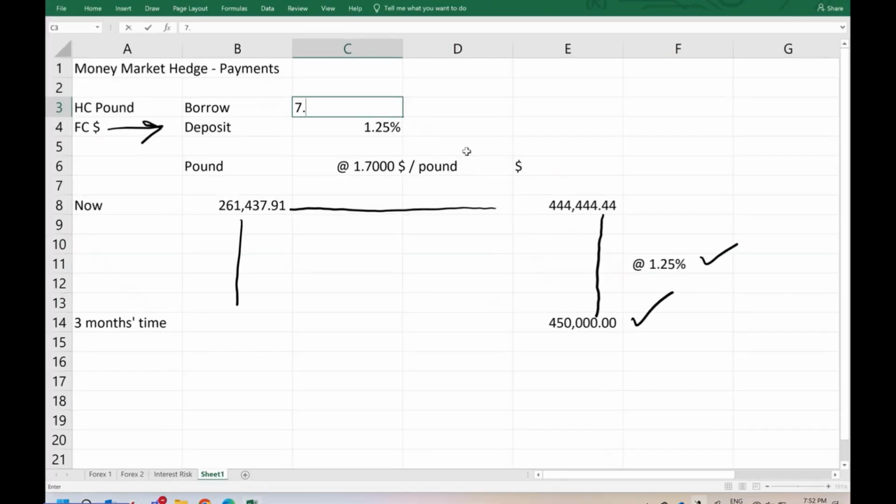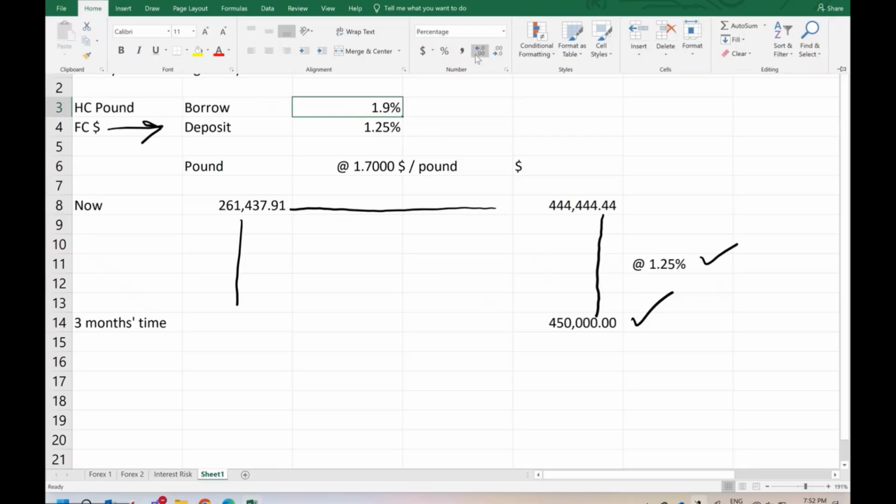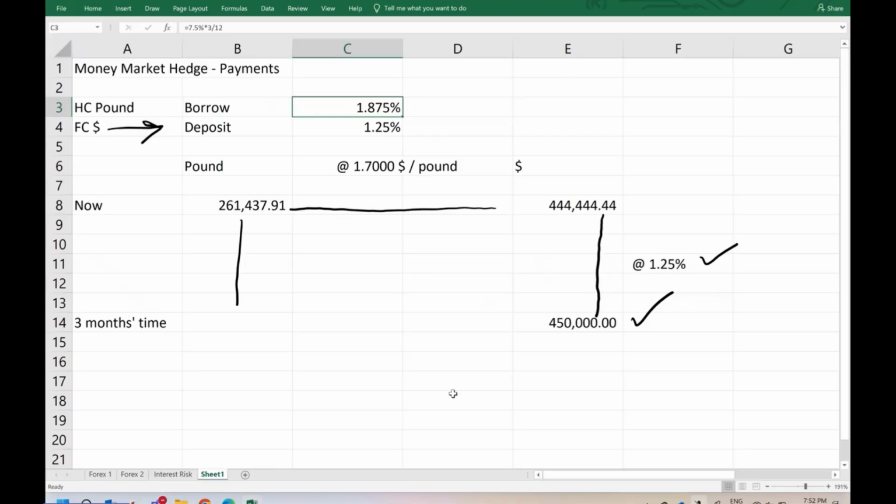Okay, fine, in 3 months' time, 7.5% multiplied by 3 over 12, so 1.875%. That means on the money that you borrow, you have to pay 1.875% interest on it.